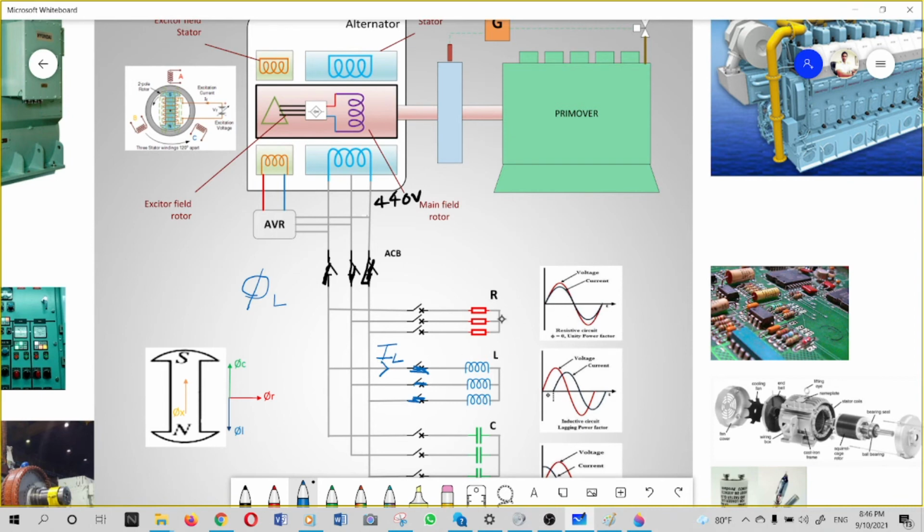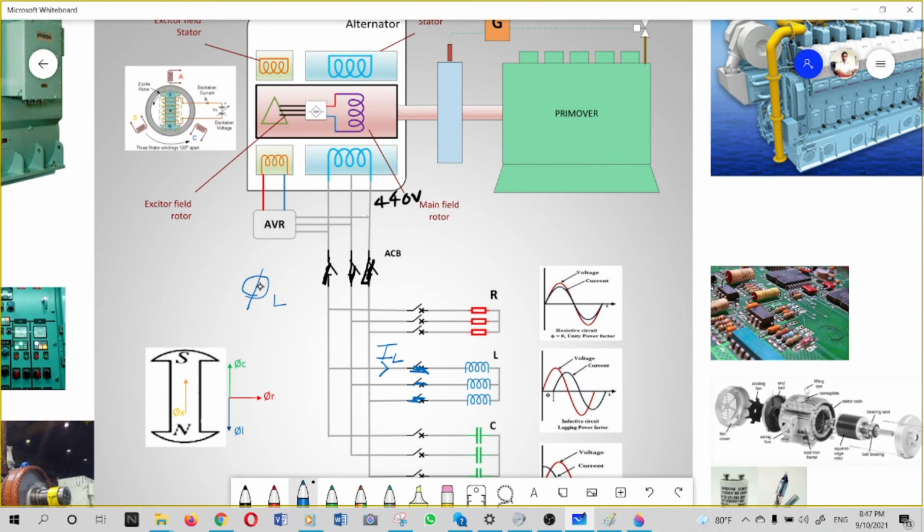Just before, I explained that in inductive circuits the current lags 90 degrees compared to the voltage, whereas in resistive loads the current and voltage are in the same phase. Here in the inductive load, the current is lagging. So this current is 90 degrees lagging the previous current which flows in the stator winding due to the resistive load.